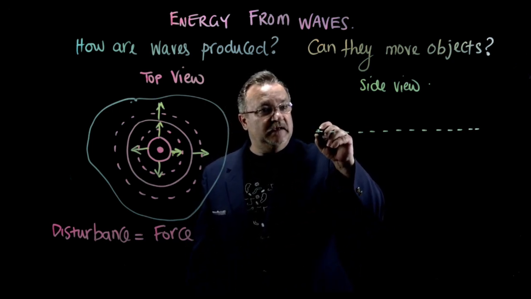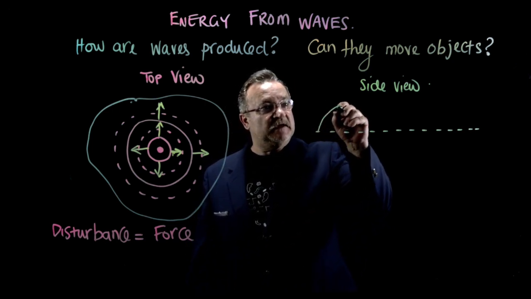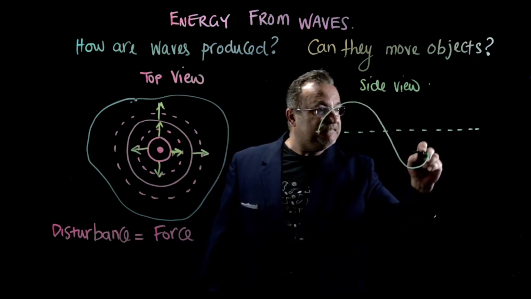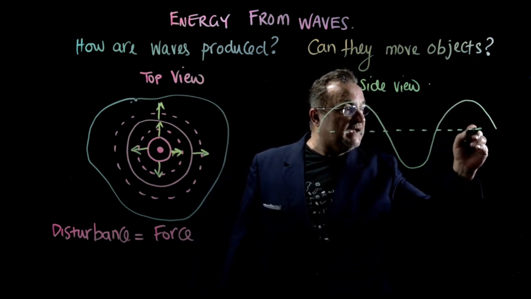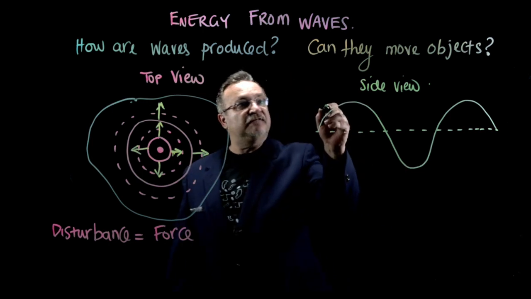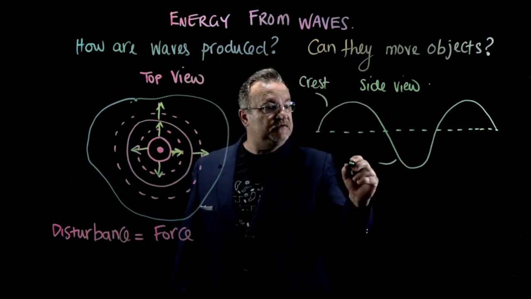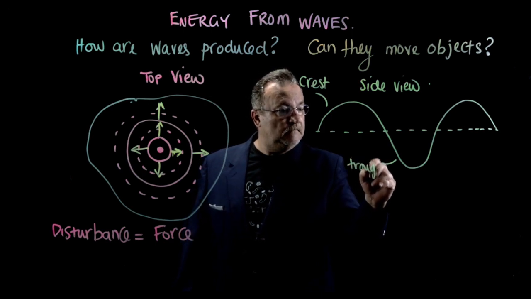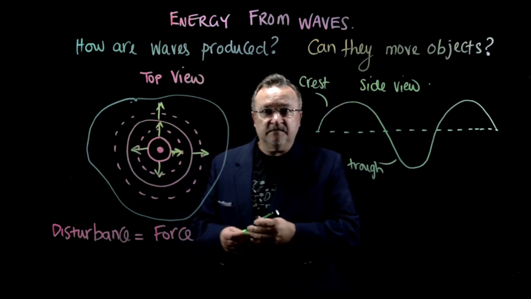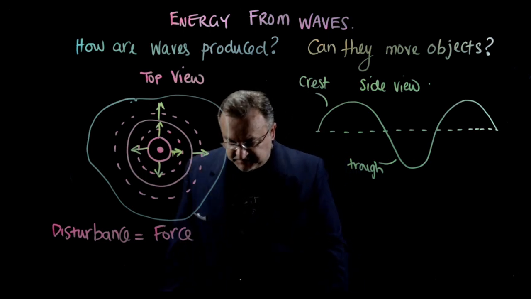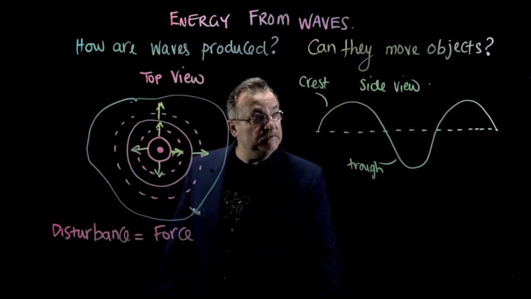Then, as the disturbance generates the waves, we see something that is more wave-like. So here we have our crest, and of course we have our trough. So the top of the wave is called the crest, the bottom of the wave is called the trough.